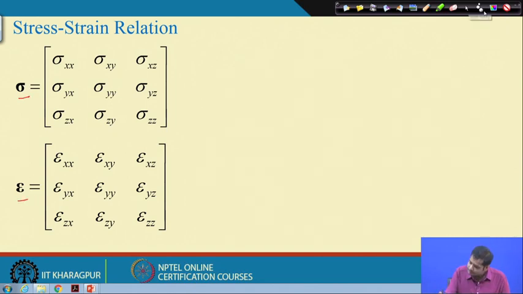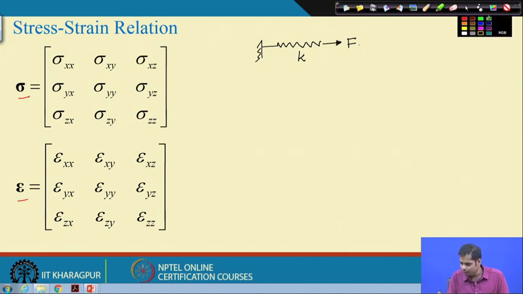Okay. Suppose, before that you recall, take a problem of a spring. If you recall a spring which is fixed here, and if we apply a force F. Now, suppose the spring constant is K. And then the deformed shape of the spring becomes this, after the spring undergoes deformation.